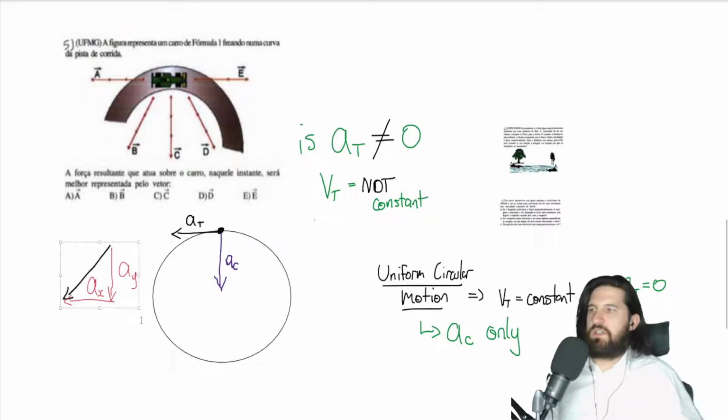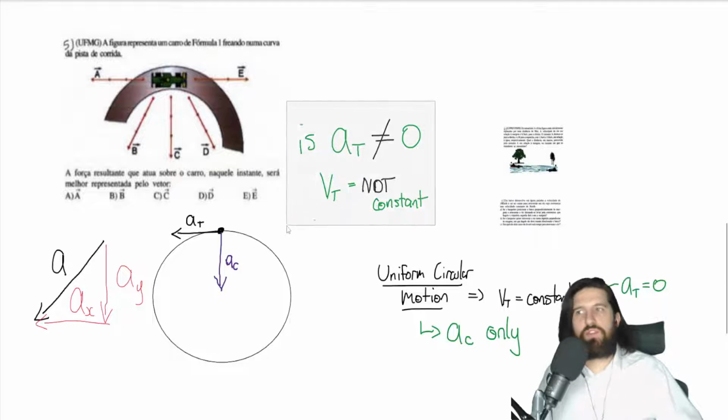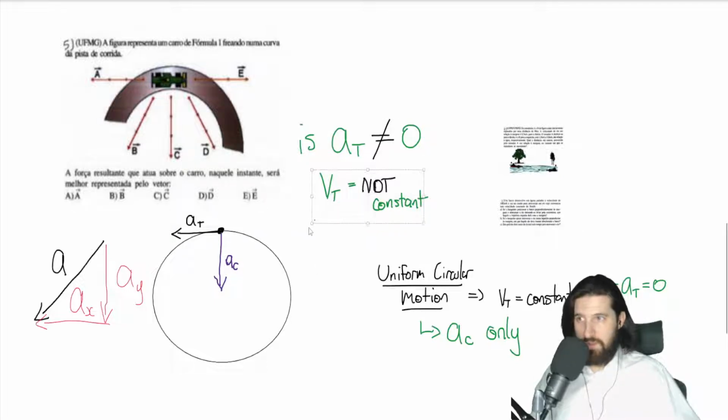Together, that's just going to give you a resultant vector that's down and to the left, right? So that's my best guess. If you are answering that question in the way that you said, that it's not 0, that it's not constant, that it's changing, right?